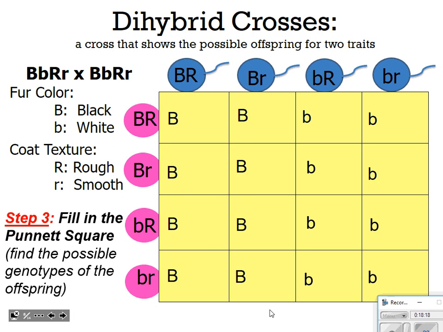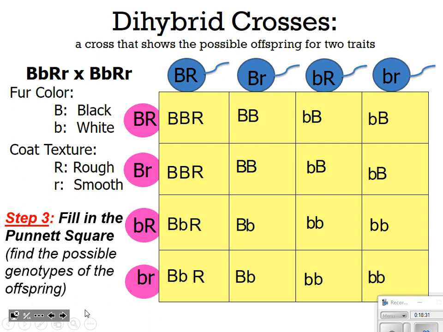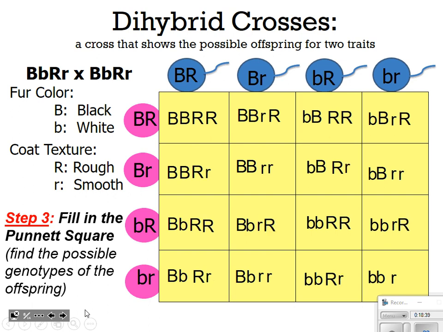Okay, come back to my next one. Still filling. Okay, we're going across now. So when I fill in my entire Punnett square, it should look like that, as follows.